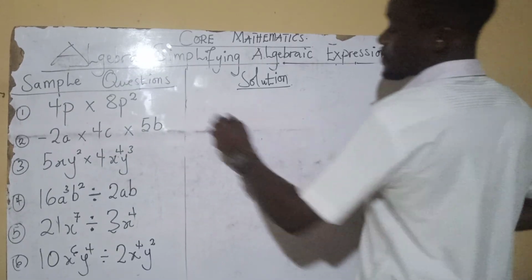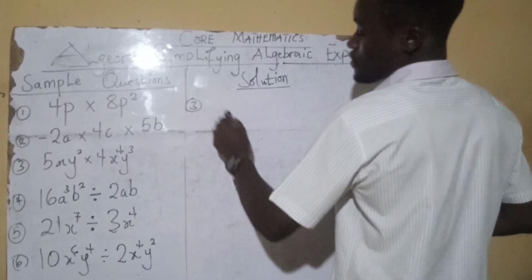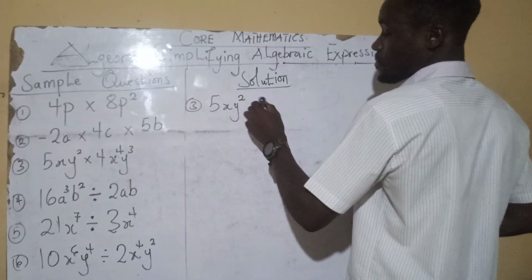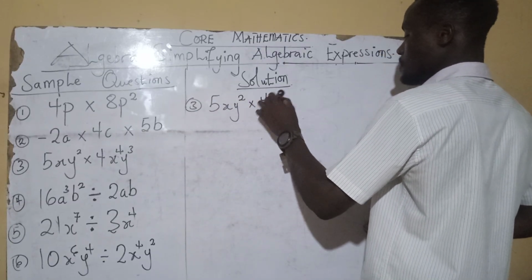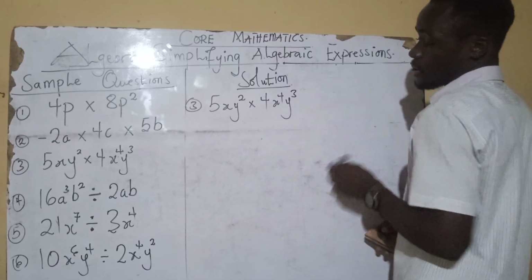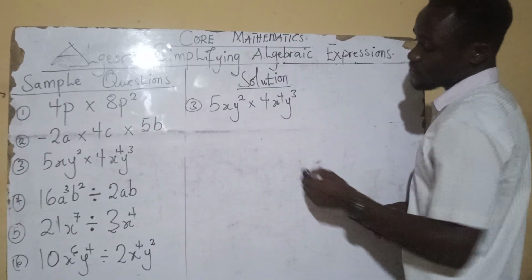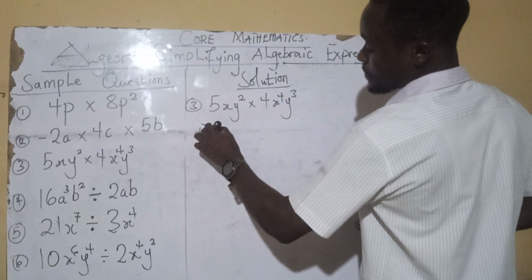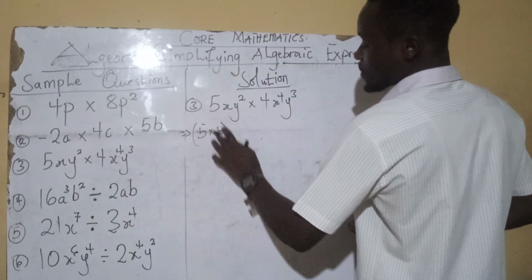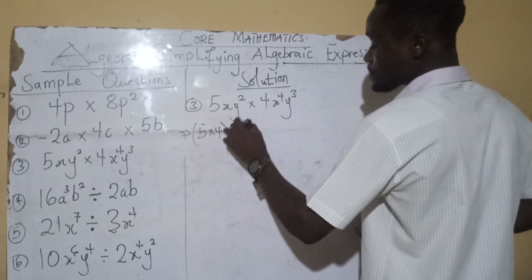I have question 3. So here to multiply that, I'll group the numbers aside. So I have 5 times 4.